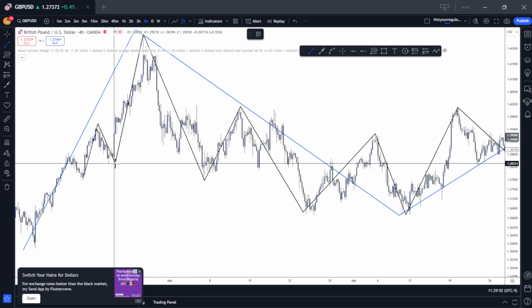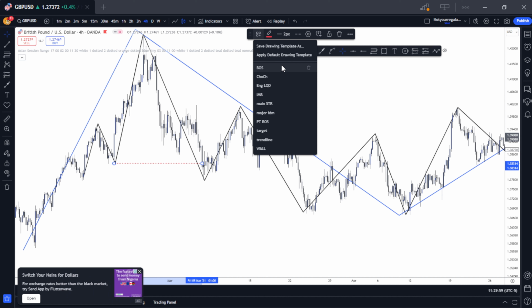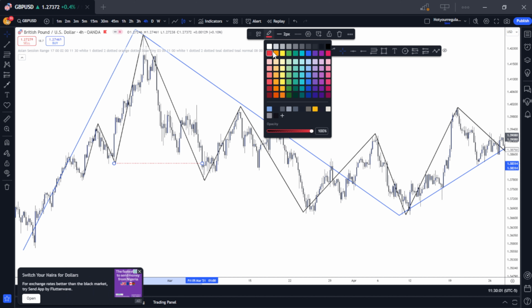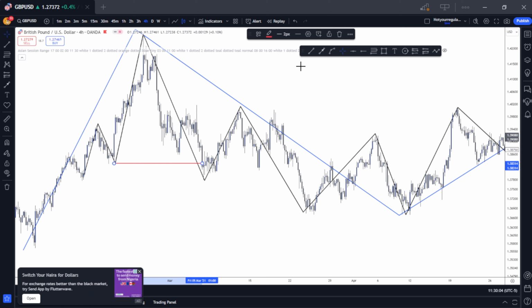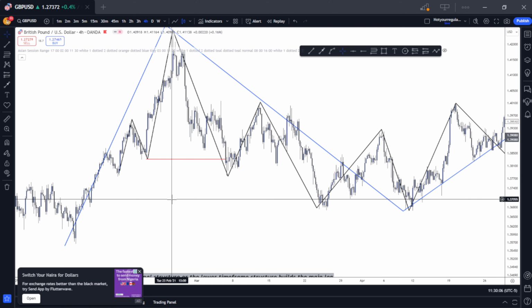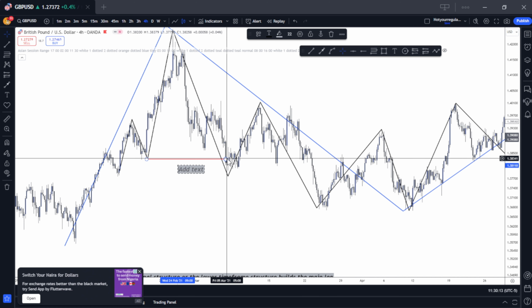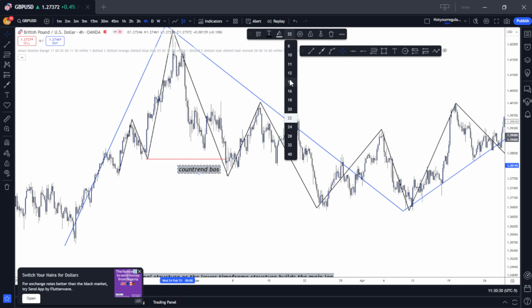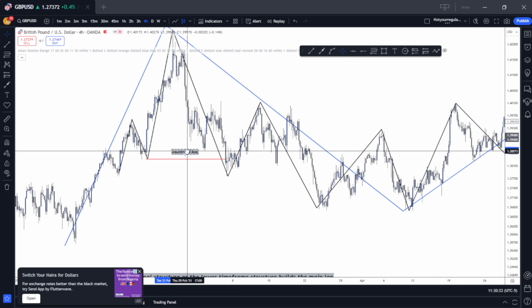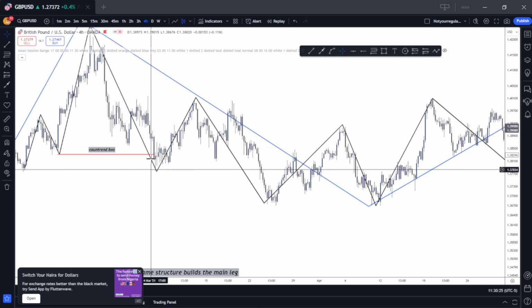This is our valid break of structure right here. This is our counter trend BOS that signals a pullback on the higher time frame structure.